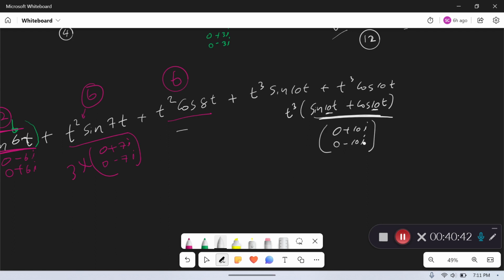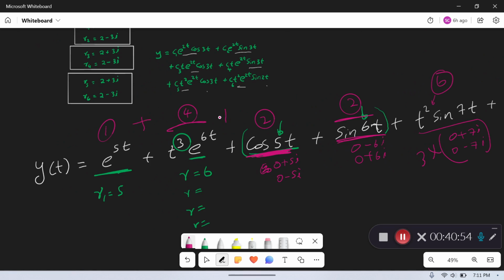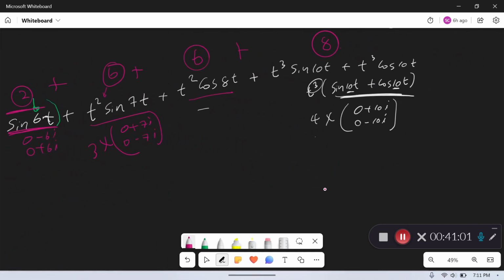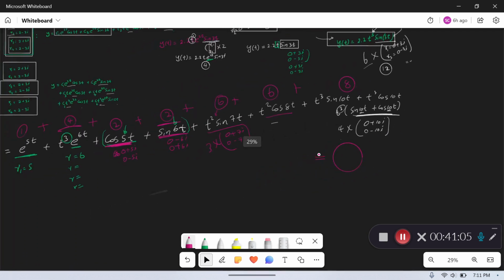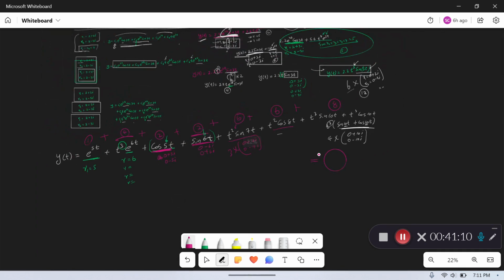So we have two roots repeated 4 times. 4 times 2 is 8. Altogether, you have to add these terms: 1 plus 4 plus 2 plus 2 plus 2, 6 plus 6 plus 8, and the result will be the minimum order of the polynomial that you should have, or in other words, the minimum order of the differential equation you should have in order to get this as a solution.